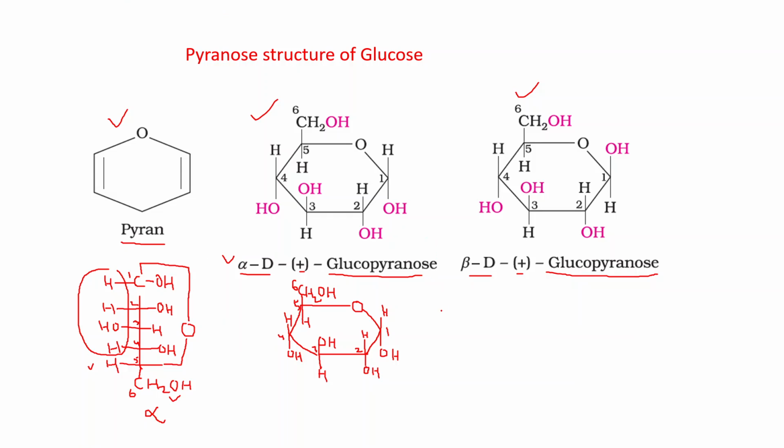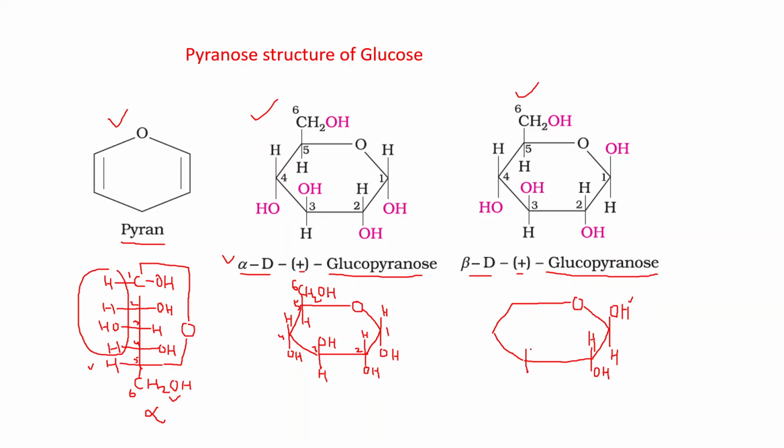Now, in the case of beta, what is the change? There is a change on the first carbon atom. On the first carbon atom, this OH will be on the left hand side, and that's why it is written above: OH, then this is H. On the second carbon atom, this is H, this is OH.